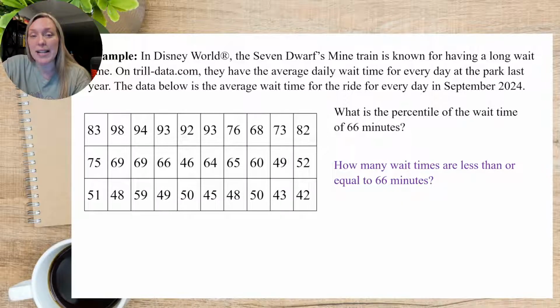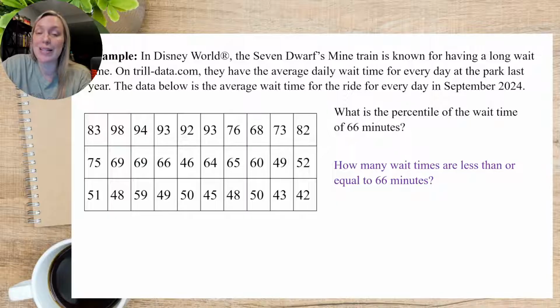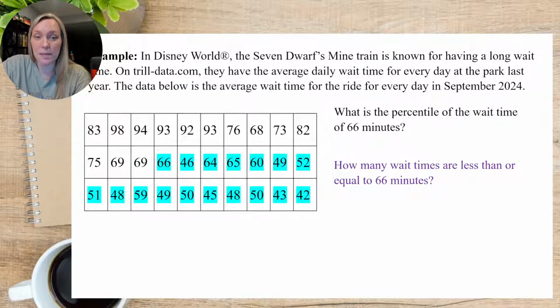So we have to find out how many wait times are less than or equal to 66 minutes. And here's our data. Find the percentile of a wait time of 66 minutes. So if you have a 66-minute wait time, what is that percentile? The first question that comes up on the screen is, first we have to figure out how many wait times are less than or equal to 66 minutes.